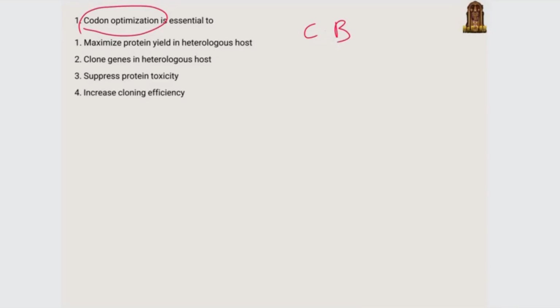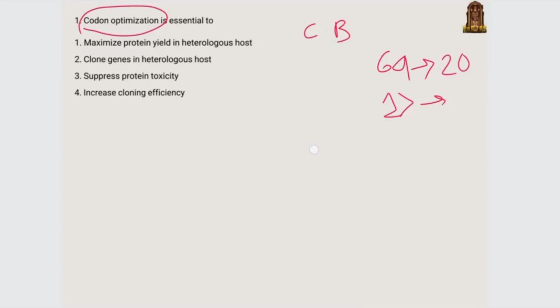I guess most of you know about the degenerate nature of the codons. There are 64 codons and they code for 20 amino acids. That means there must be more than one codon for the amino acids.